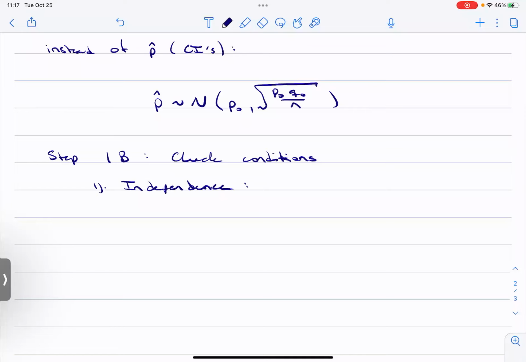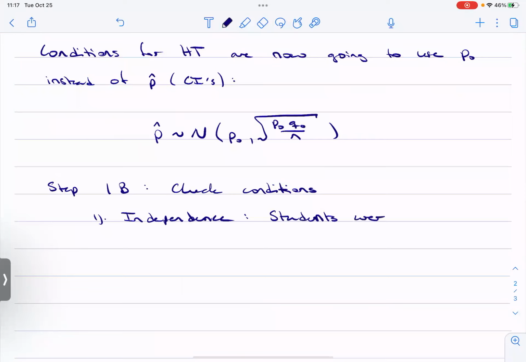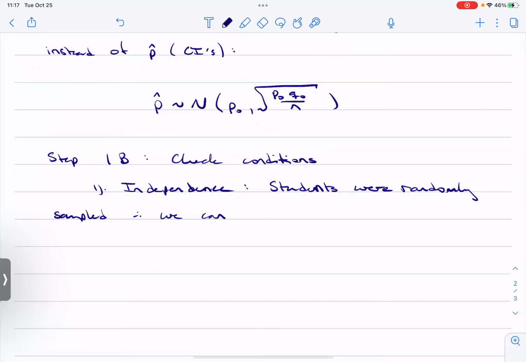Even if it didn't say that, we would have to assume that they're independent. So either way, you have to say that you assume they're independent. So, students were randomly sampled. Therefore, we can assume independence.